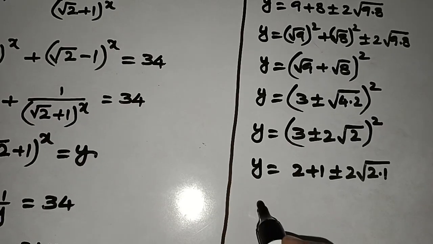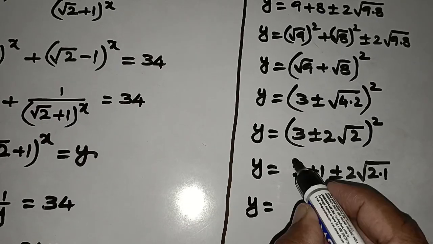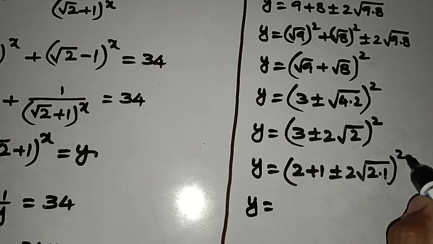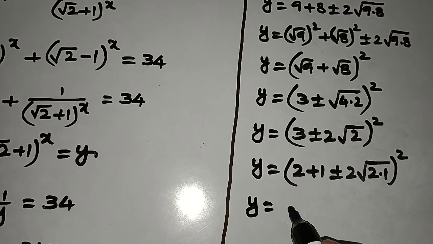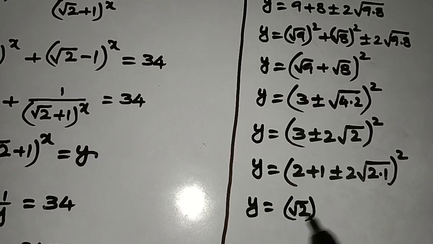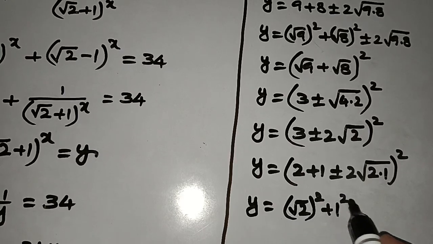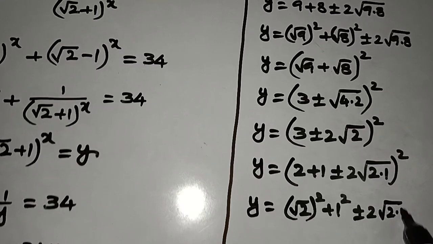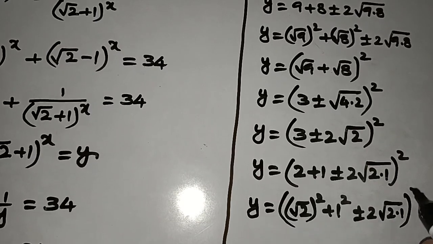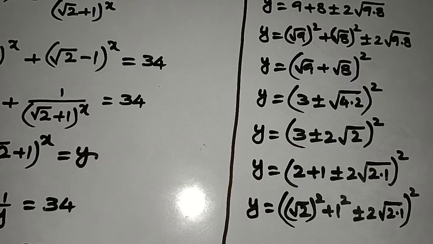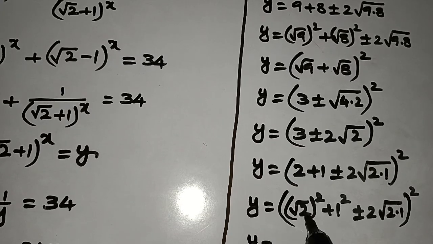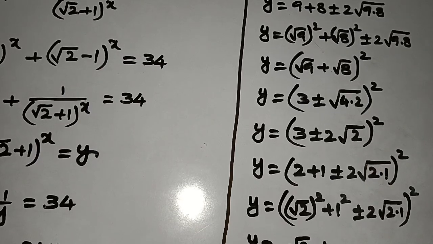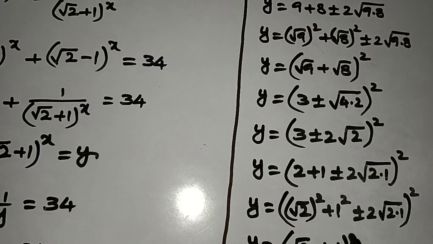So now if we see here, y is equal to, of course, here the whole square is present, this 2 is root 2 square plus 1 square plus or minus 2 root 2 times 1 whole square. So under the square, these terms a square plus b square plus or minus 2ab, so this again I can write as root 2 plus or minus 1 whole square.